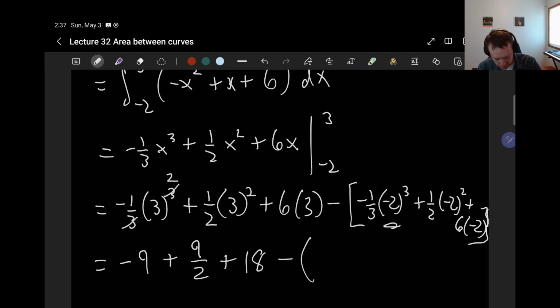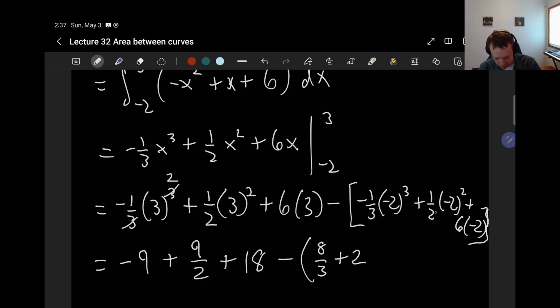So negative 2 cubed is negative 8. And that's also times a negative. So it becomes positive 8 over 3 in here. Here, this will be a positive 4 divided by 2. Okay.